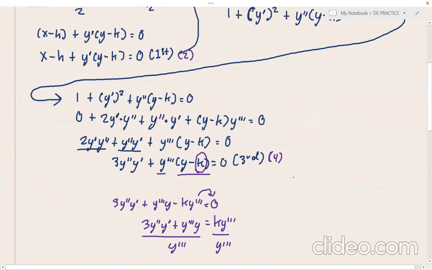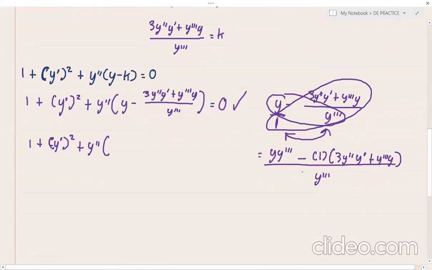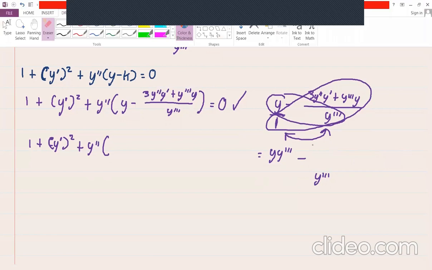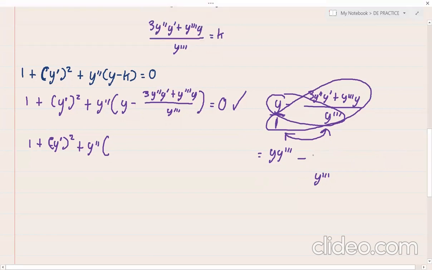So magiging negative na siya. Okay? So we will have y times y third prime minus 3 times y second prime times y prime minus y third prime times y. Yun na yun.